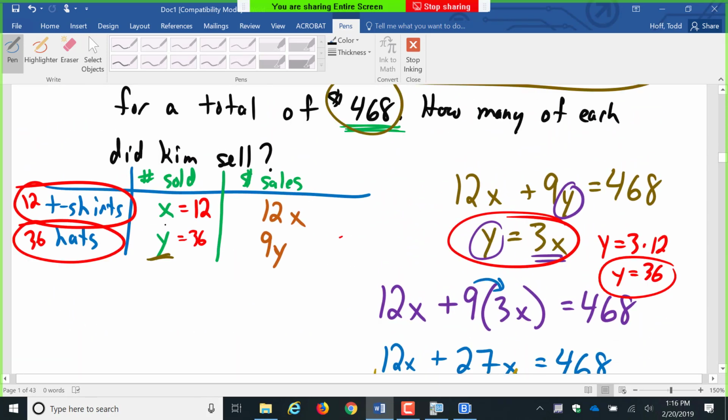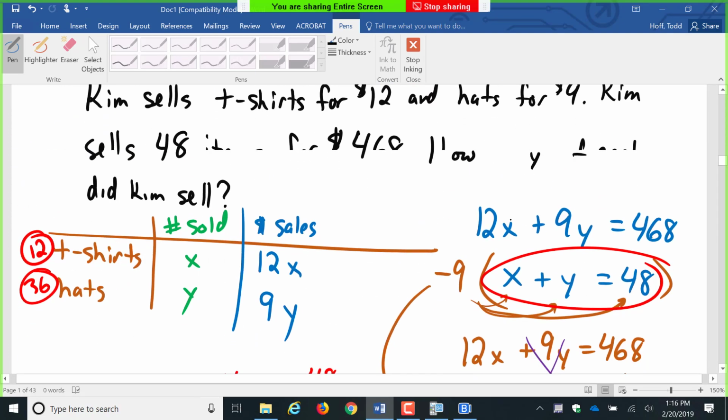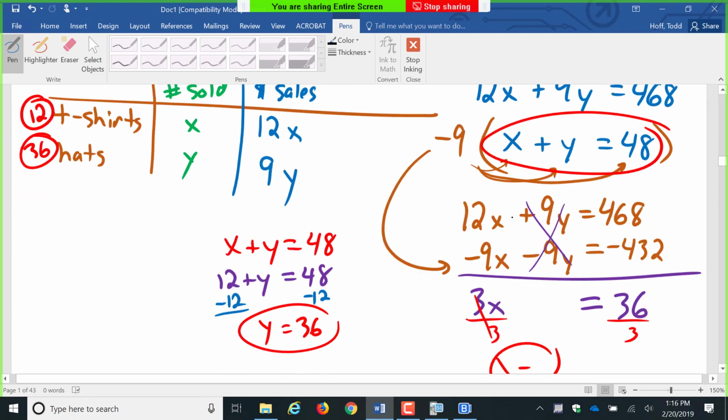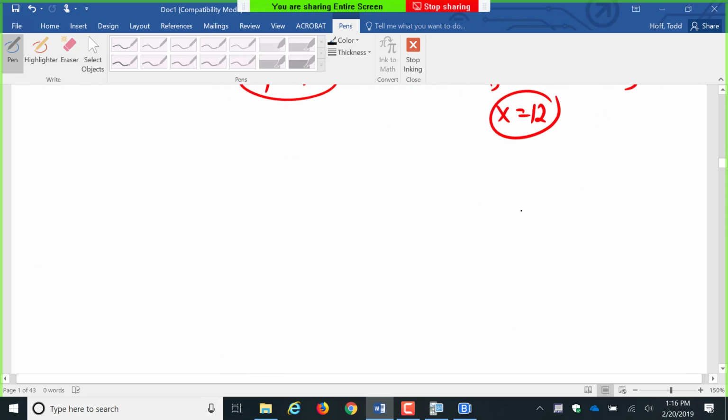Instead of doing x and y, we would have said x and 3x. Well, that was just y equals 3x. So we did the substitution as we set up the problem. But with systems of equations, it's a little bit more work, but it makes a lot more sense to set them up that way.